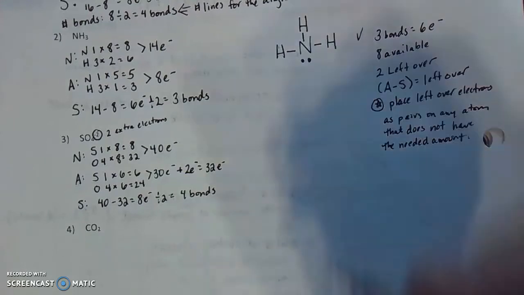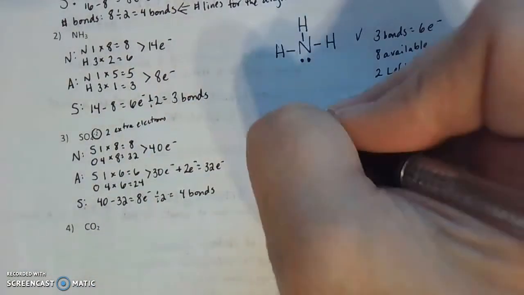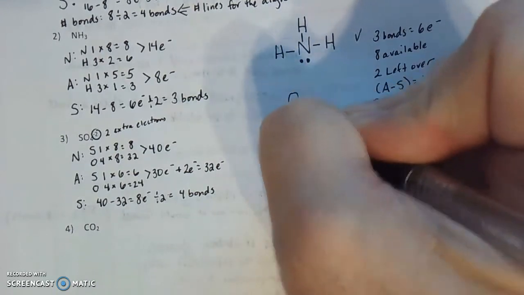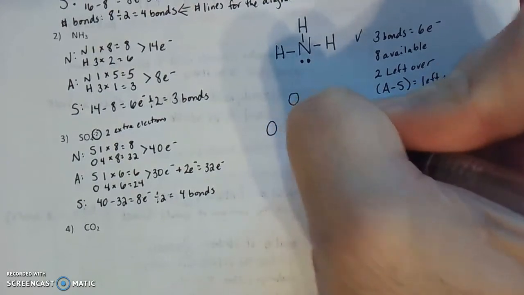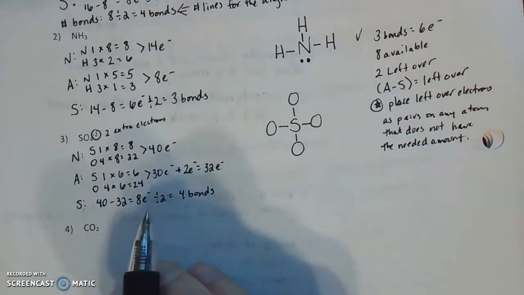So with this one, we have to decide what goes in the middle. Well, usually it's the one that's by itself. There's only one of S, so S goes in the middle, and our 4 O's go around it. We have 4 bonds, so we're going to put 1 bond from each O to the S. And now we're going to do our check.